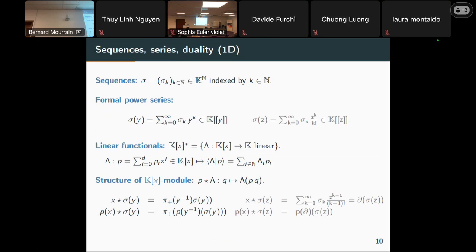So it will be the computation with this: the sum of sigma k t to the k minus 2 over k minus 2 factorial, minus. But what has to be seen is that it is acting as a derivation.